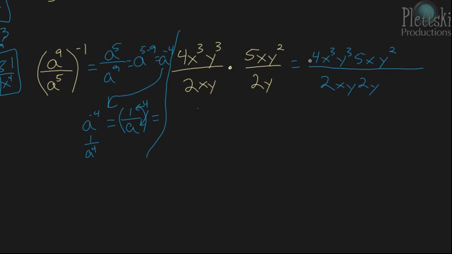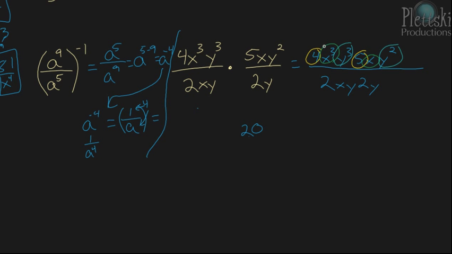So we have a 4 and a 5 on the top. So 4 times 5 is 20. Oh, here, let me circle some of these. Those are like terms. And then you have your x's, and then you have your y's. So let's count them up.